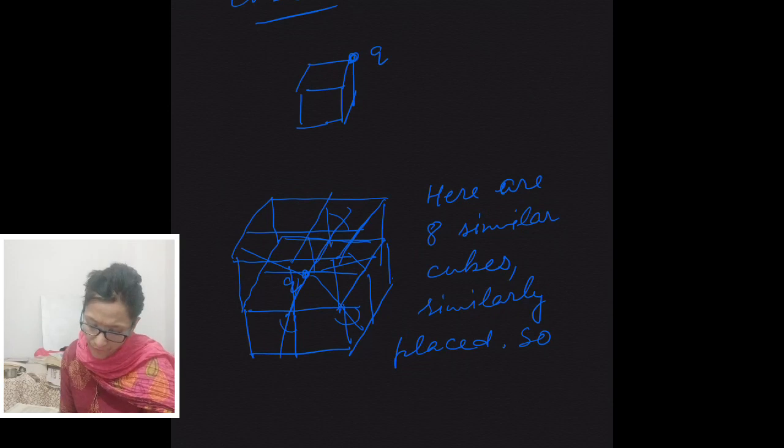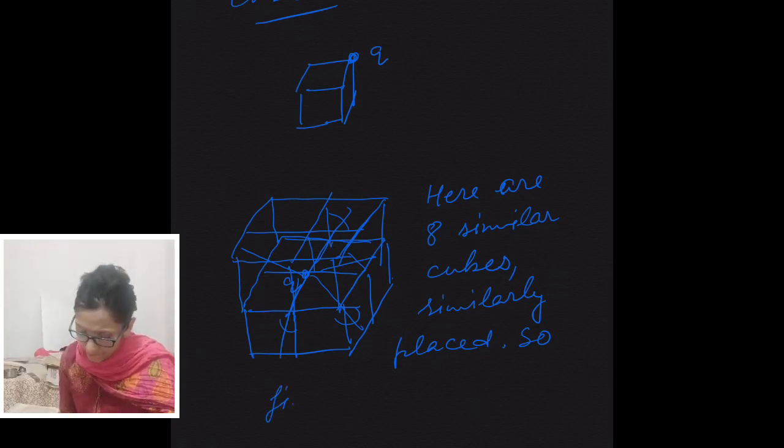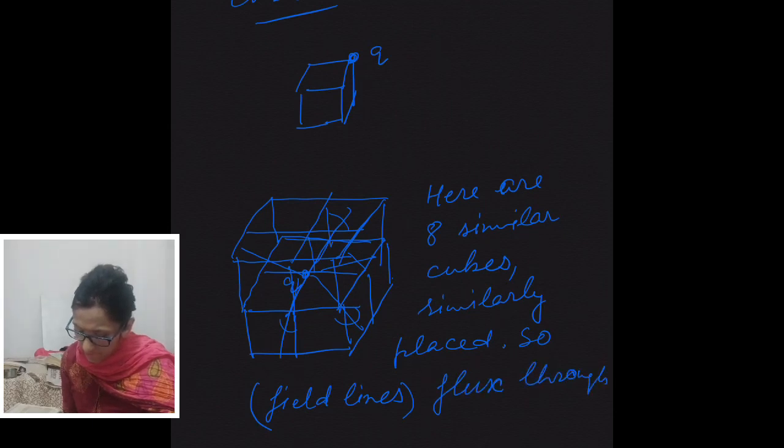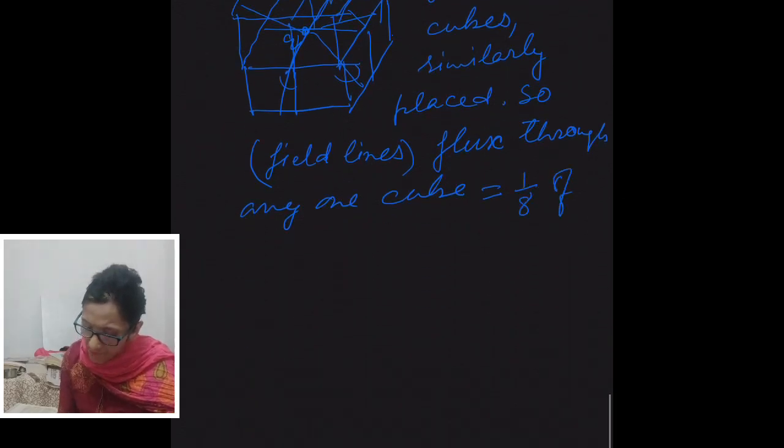So the flux through any 1 cube will be equal to 1/8 of the total flux.